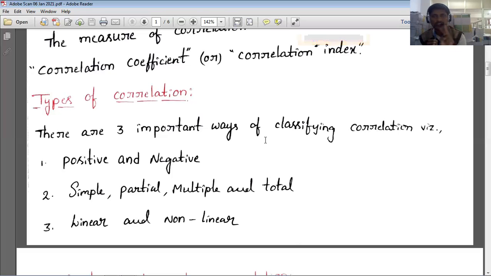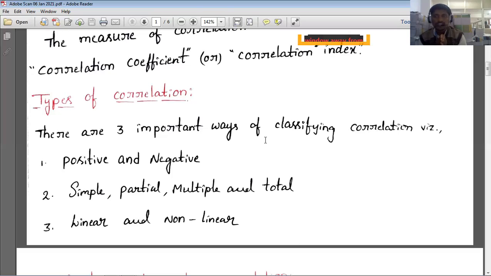That is simple correlation. Multiple correlation is like grandfather, grandmother, then wife, husband, then children and their children, that is multiple variables. If you are discussing only two variables, we call it simple correlation.